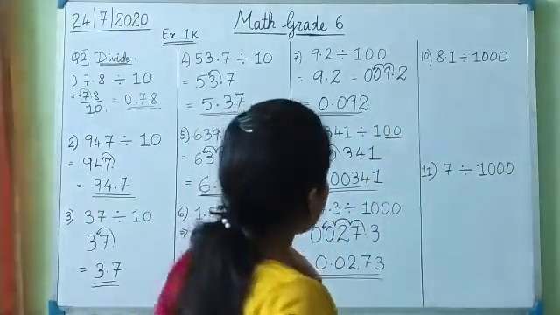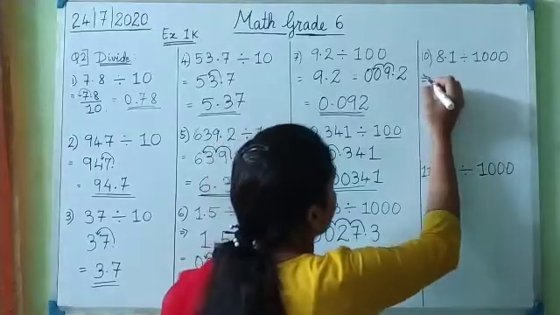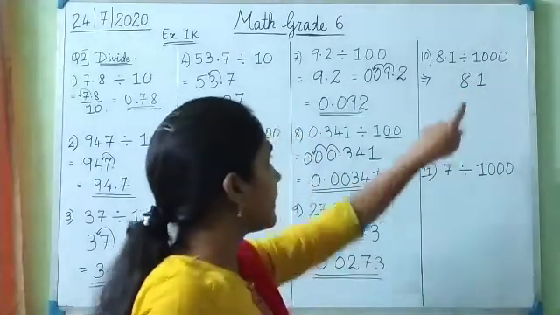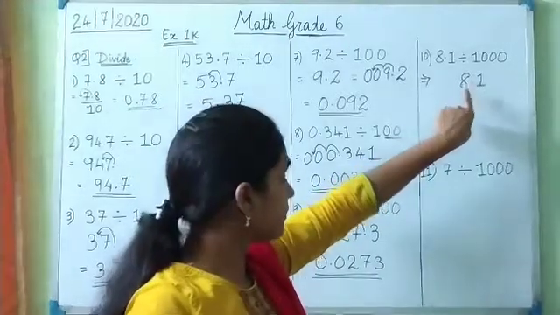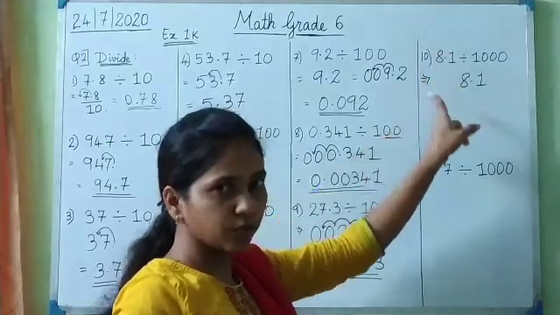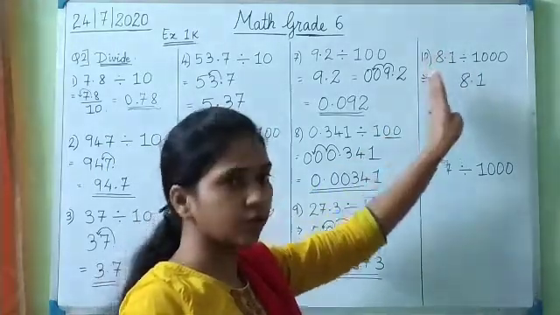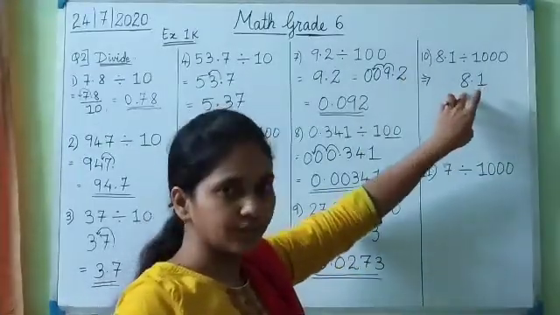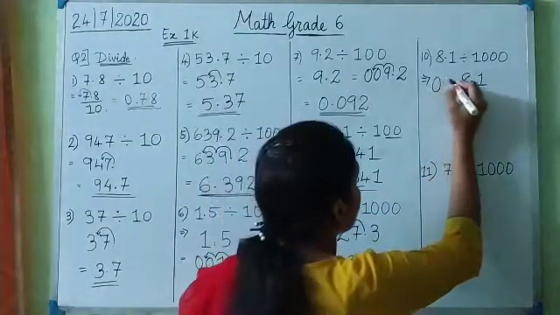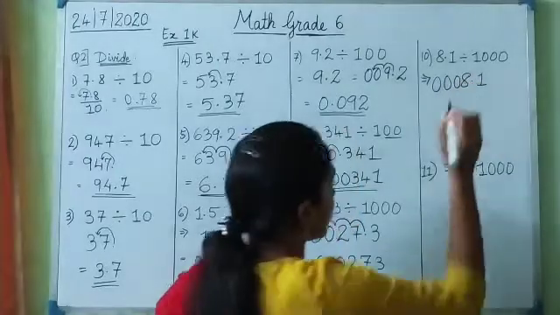Now the 10th sum also, the number is 8.1. Okay, and there is only one digit here, and in 1000 there are 3 zeros. So we need 3 digits before the decimal point, but there is only one digit. So we need 2 more digits. Okay, so I add 3 zeros here. Why?